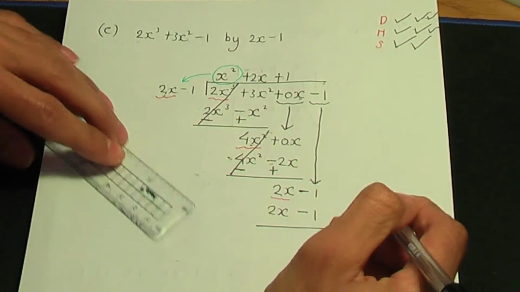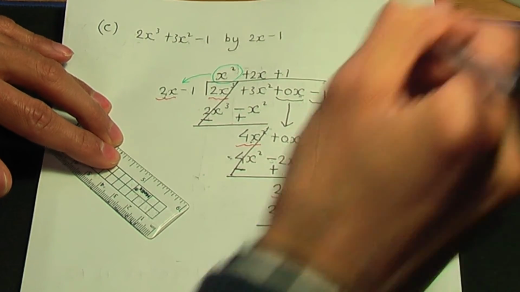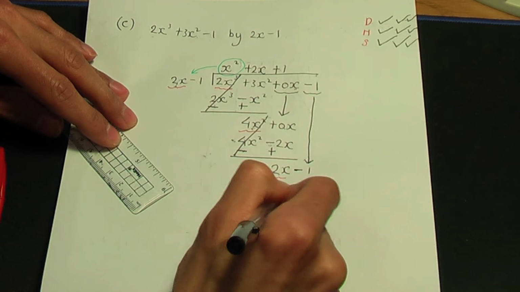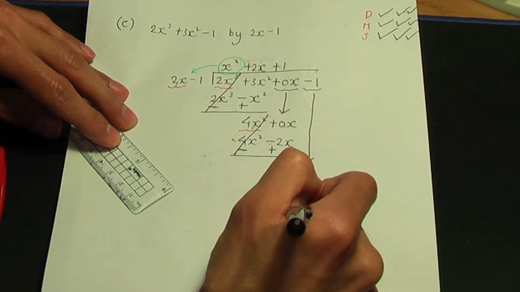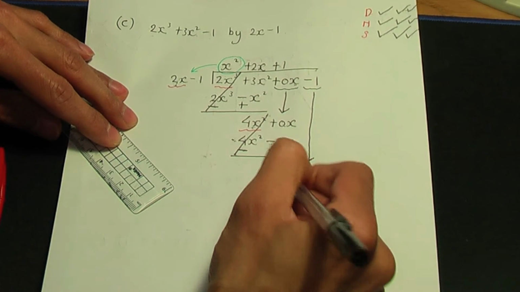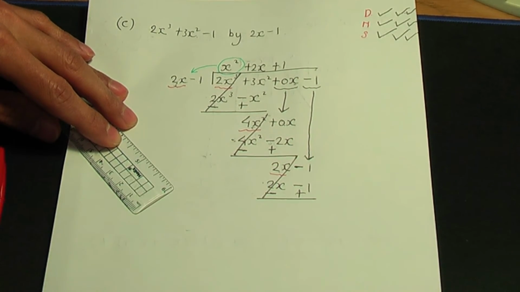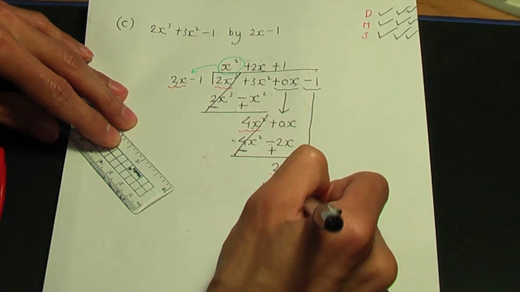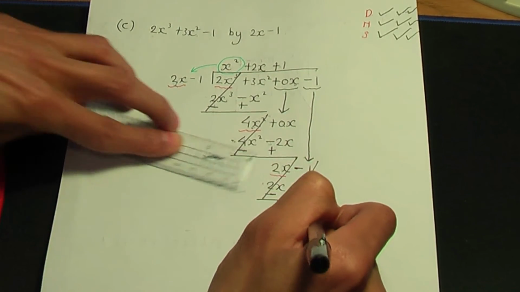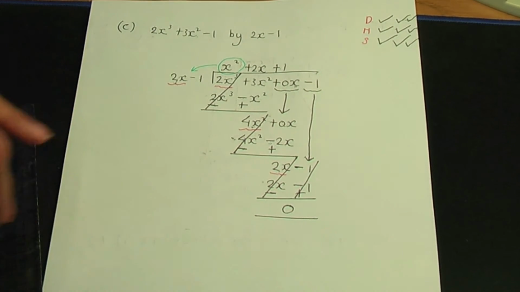So let's get ready for the next operation. Next operation is subtract. So this plus reverses to minus. This minus reverses to plus. And when we add the terms, 2x minus 2x amounts to nothing. Minus 1 plus 1 also amounts to nothing. The remainder overall is 0. Okay?